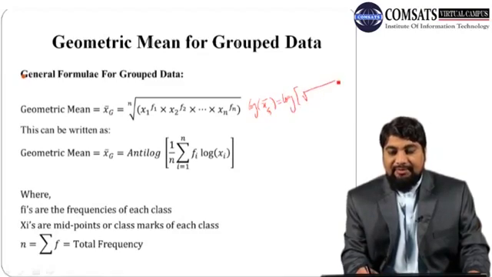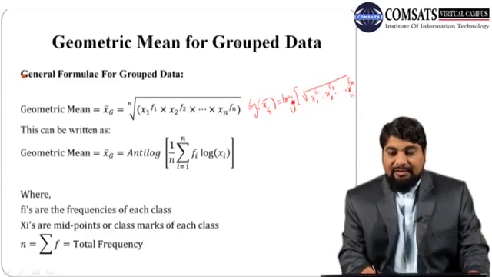So on right hand side we have x1 raised to power f1 into x2 raised to power f2 and so on. Last one is xn raised to power fn, and then we have to take the nth root.